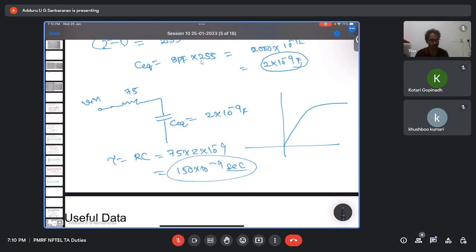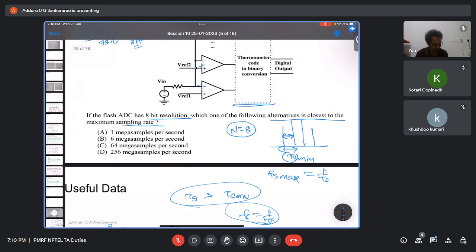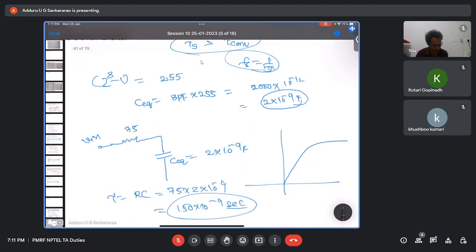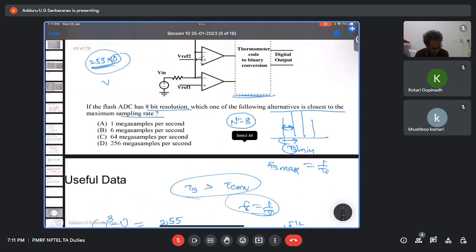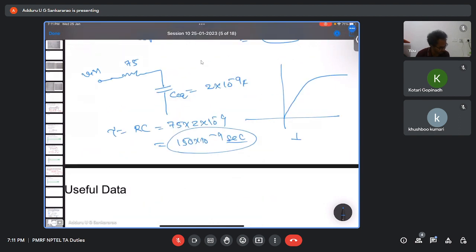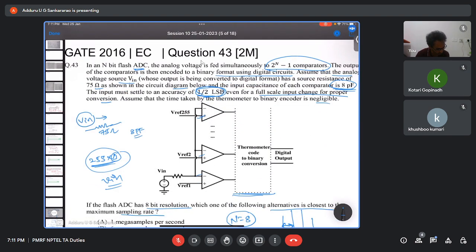Now let's say you apply a full scale reading at the input. The full scale reading is 255 into step size, that is nothing but Vin, whatever input voltage I'm giving. Now they are asking it should settle to within 1 by 2 LSB, that much error is allowed.